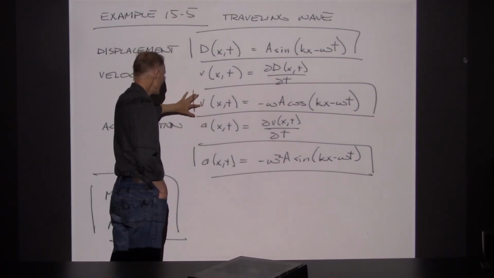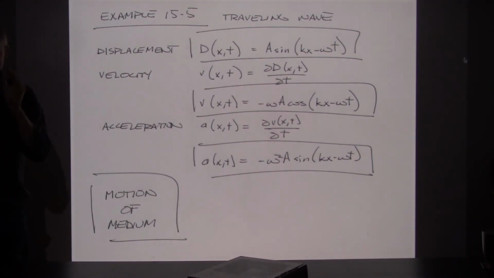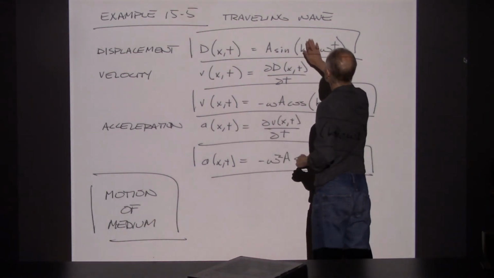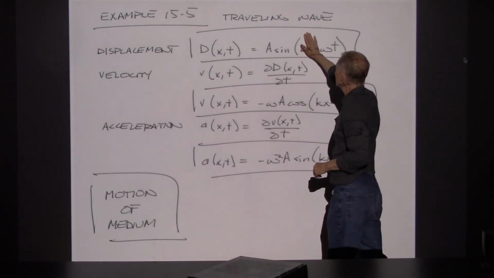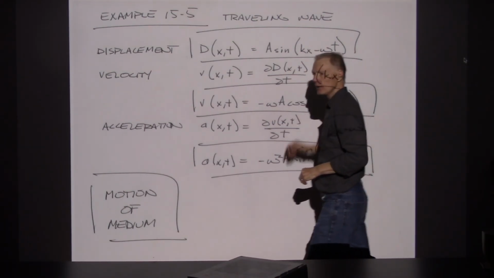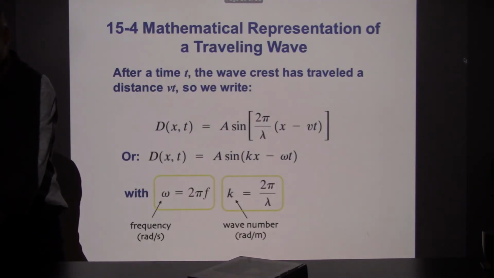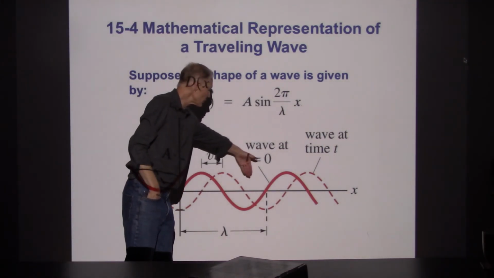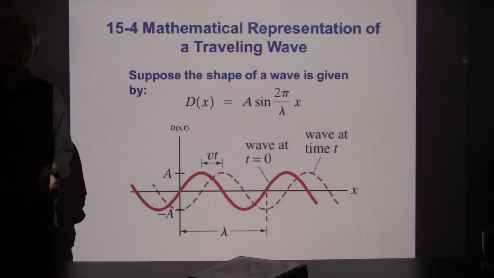So what that's enabling us to do is go back to chapter 14, think in terms of individual pieces of the medium and what their motion is like. Now what's different, if you think back to chapter 14, back there the kx was not there. It was just omega t. What the kx is doing is telling us, as we look at different locations, and I kind of like this picture, that we'll see different parts of the medium in different phases of their oscillation.